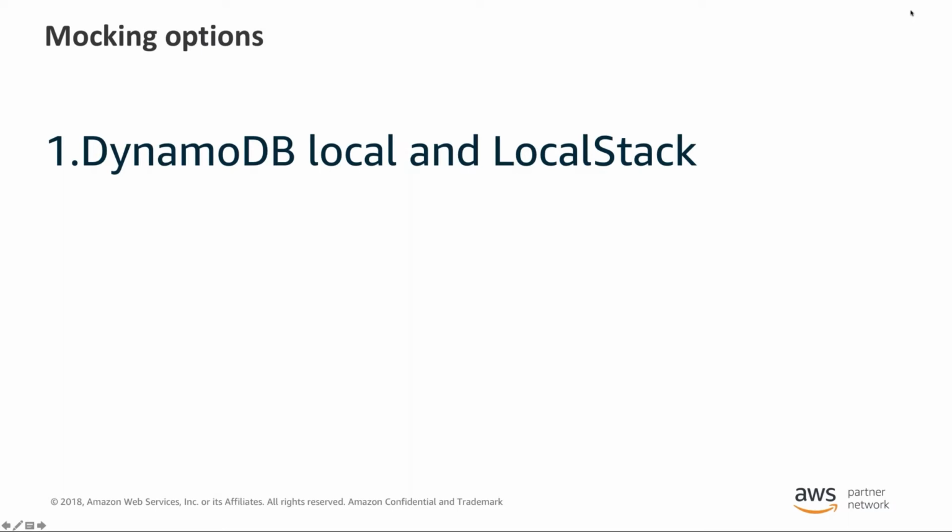And then LocalStack is an open source project that attempts to do something similar, a mock platform for a number of other AWS services like SQS and SNS, and a number of other ones that are included in that project.